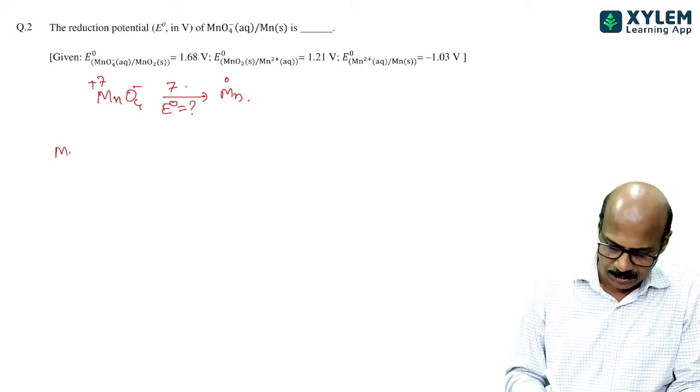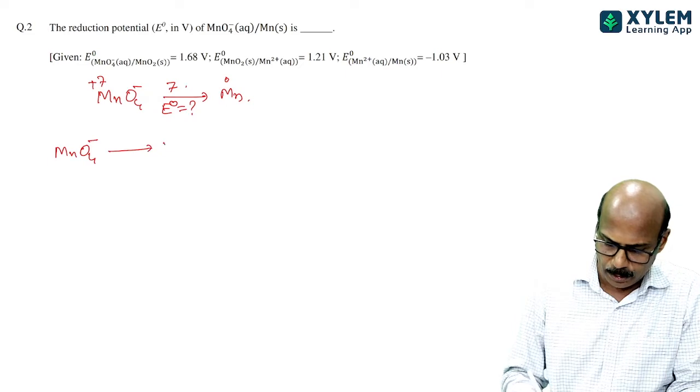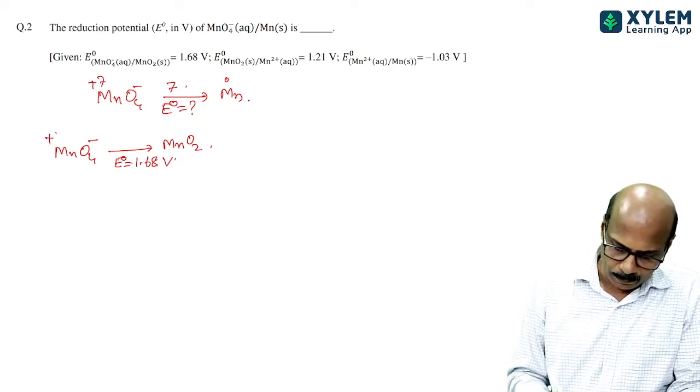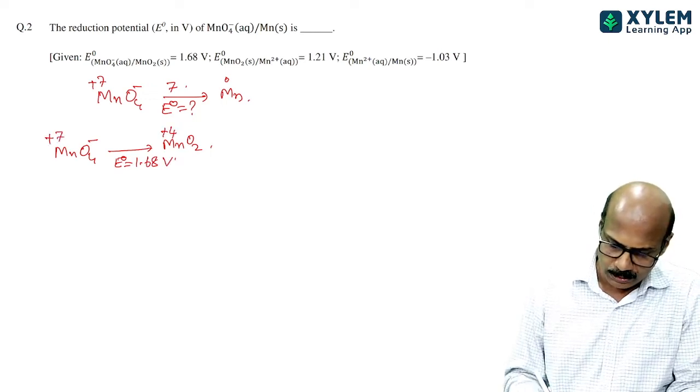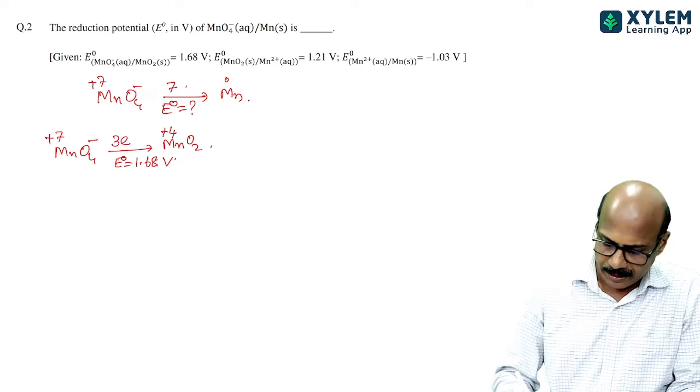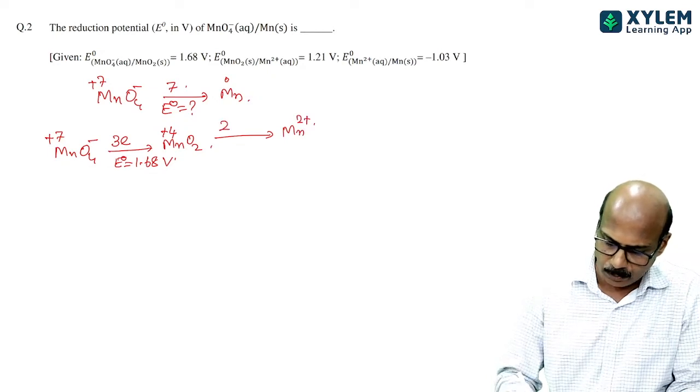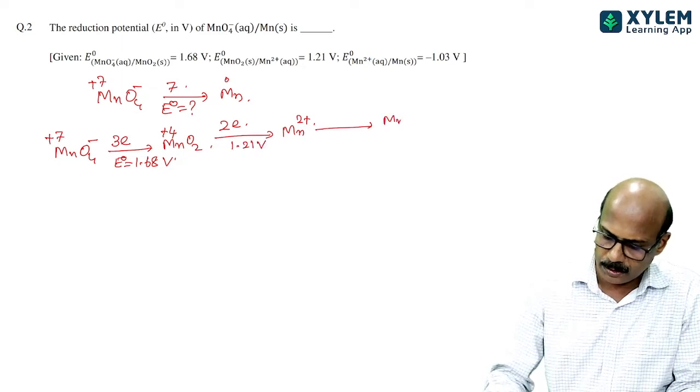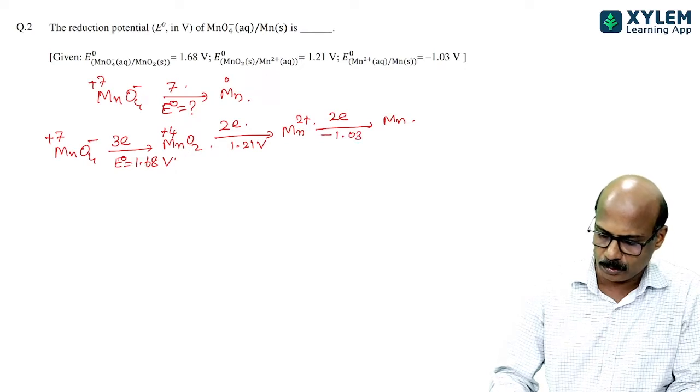Various electrode potentials given are: permanganate to MnO2 couple, and here the electrode potential is given as 1.68 volt. And again you know plus 7 transformed to plus 4, the electron transfer here is 3. And again they say MnO2 converted into Mn2+, the electron transfer here is 2 and the electrode potential is given as 1.21 volt. And Mn2+ converted into Mn, again electron transfer is 2 and the electrode potential given is negative 1.03 volt.